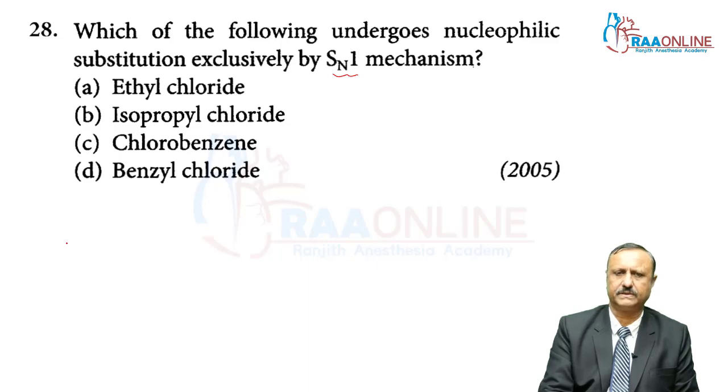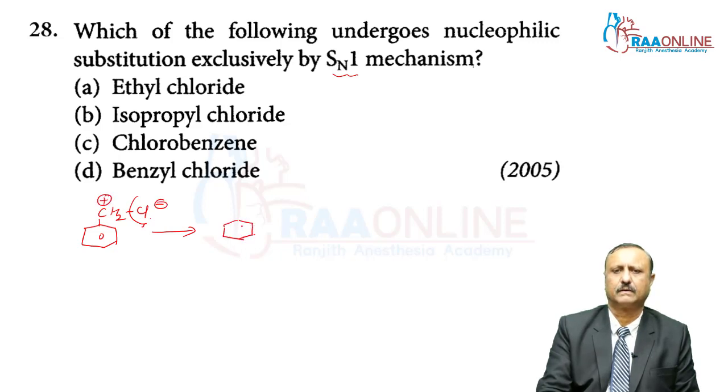When benzyl chloride is dissociated, it gives us a stable benzyl carbocation, and it is the most stable. So, it is the most stable carbocation and it is a benzyl carbocation. So, my dear students, it goes to the SN1 reaction.